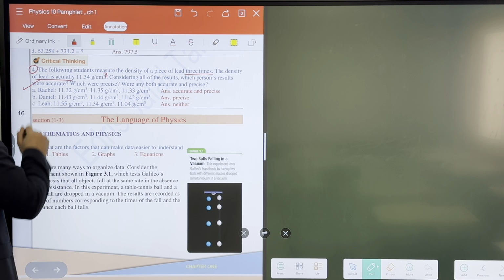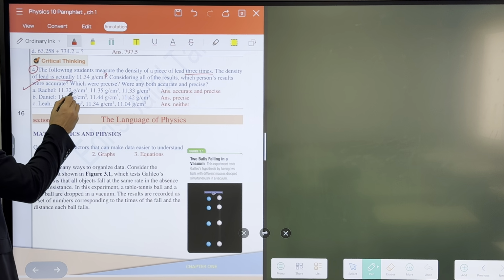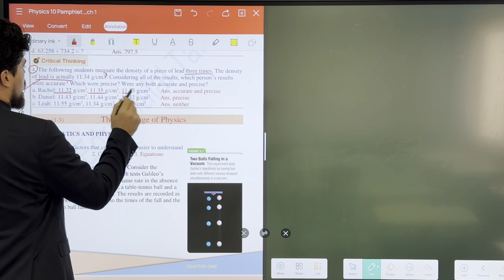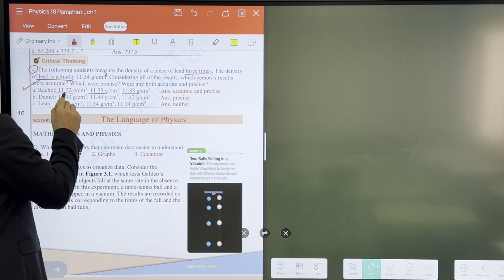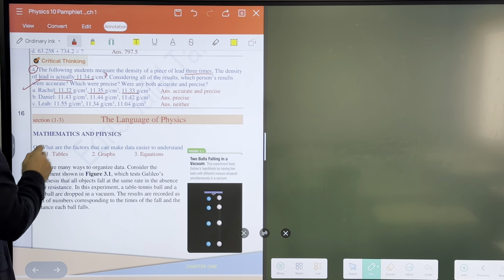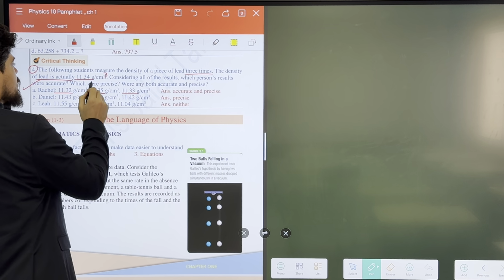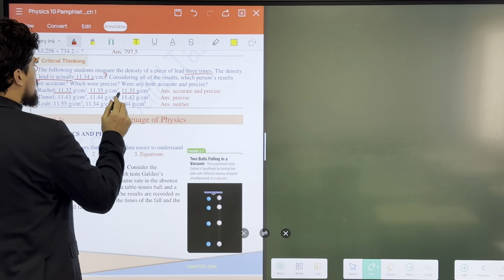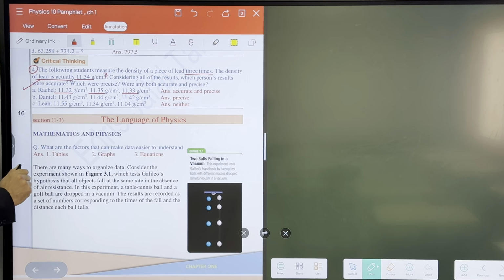So the first one, Rahel, measured 11.32, 11.35, 11.33. 11.32 is close to the 11.34? Yes. 11.35 still close to the 11.34? Yes. 11.33 close to the 11.34? Yes.